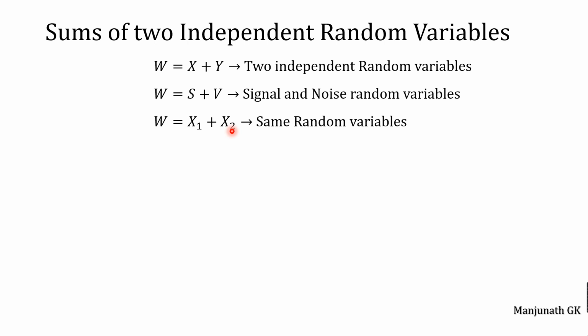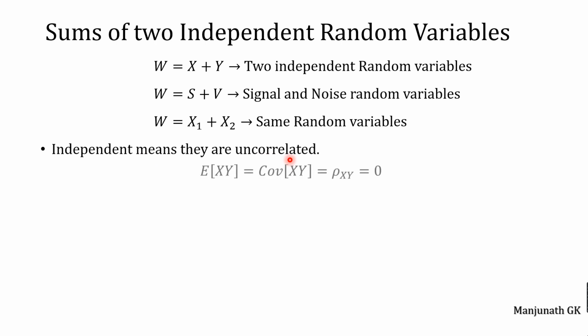As a result, the covariance of those two independent random variables will be 0. We have discussed that. Correlation, covariance and correlation coefficient are all the same; covariance equals 0, then all values equal 0 here.